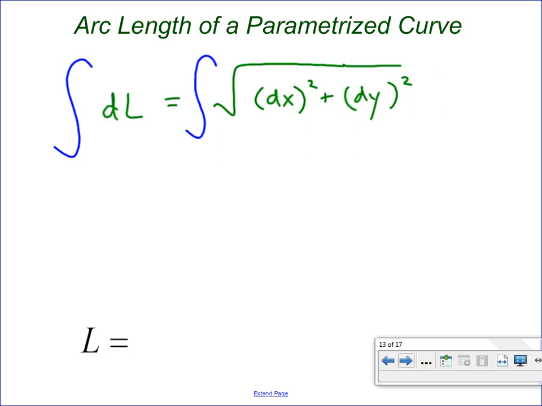So by integrating my dL in the limit, I'm left with big L, the antiderivative of the differential dL, and we now include our time values and replace our differentials with respect to time. So we're going to go from where? Well, we'll say the leftmost time value, call it t sub 1, up until the rightmost time value, call it t sub 2 for my interval.